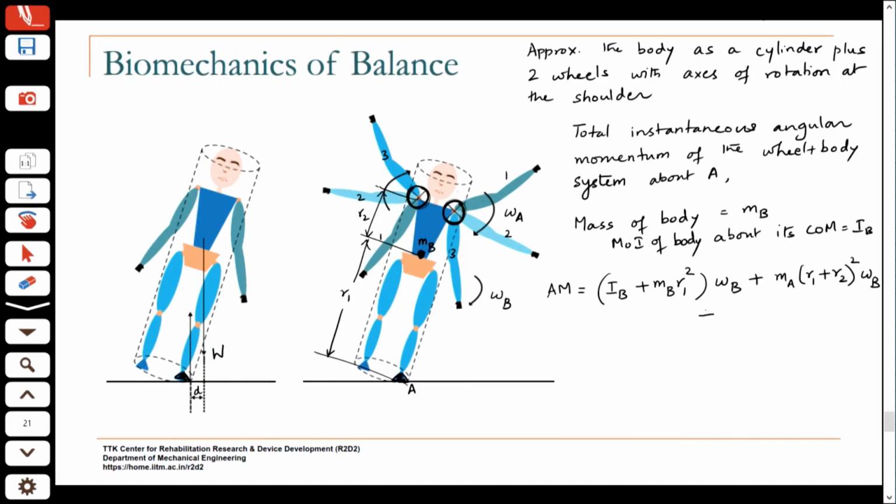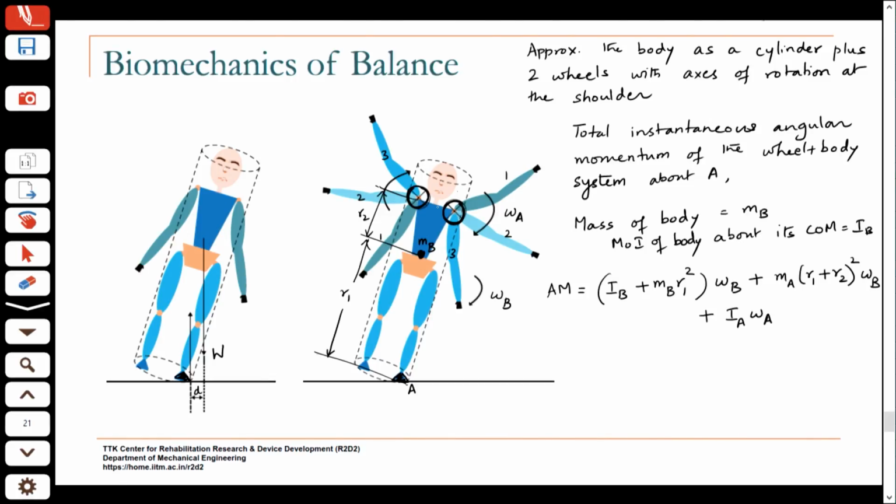In addition, I have IA omega a, angular momentum due to the arms rotating about the shoulder joint. So, these are the 3 components of this.